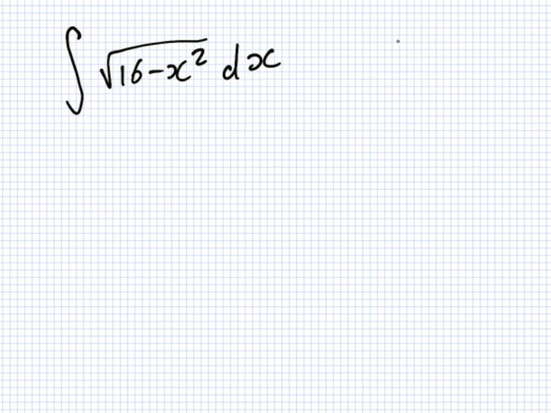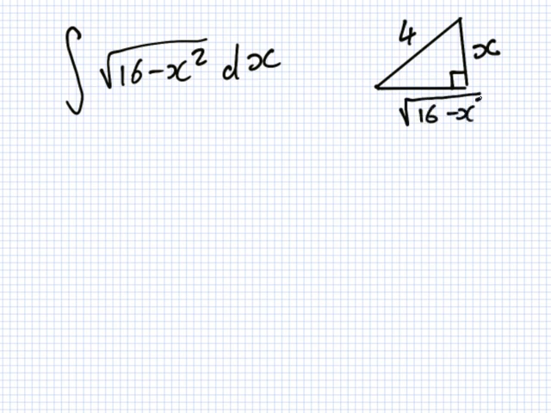We start by drawing a triangle to help us. And we call this side x, and we call this side 4. And this side here would be square root 16 minus x squared. And we call this angle here theta.